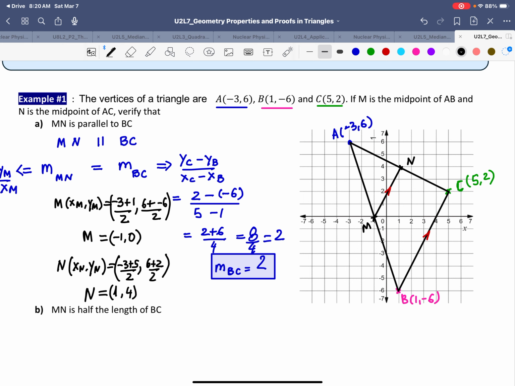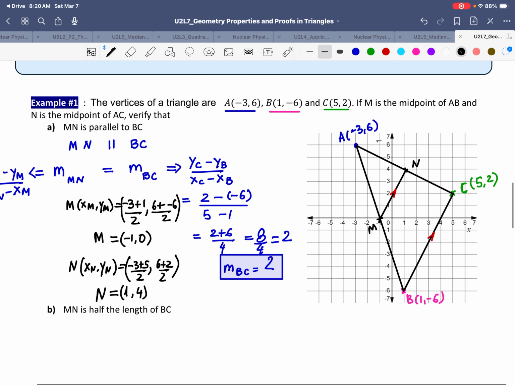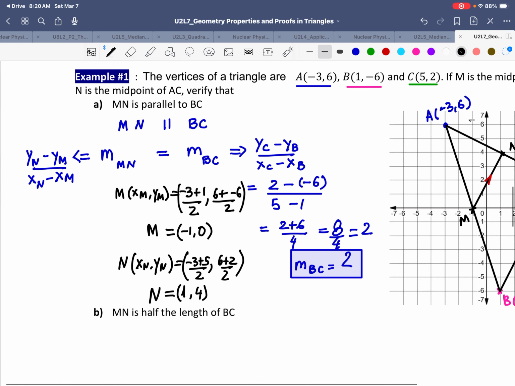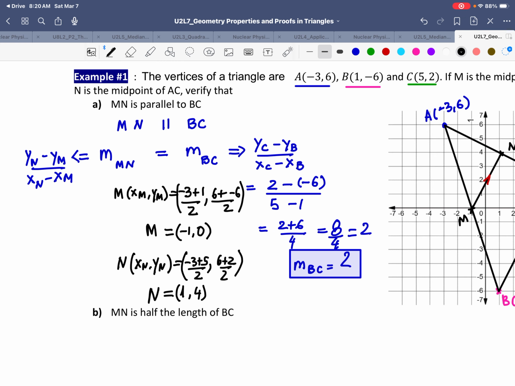So now that we have the coordinates of both M and N, we will substitute them into the slope formula. So we have y at N minus y at M, so 4 minus 0. And x at N minus x at M, 1 minus negative 1.